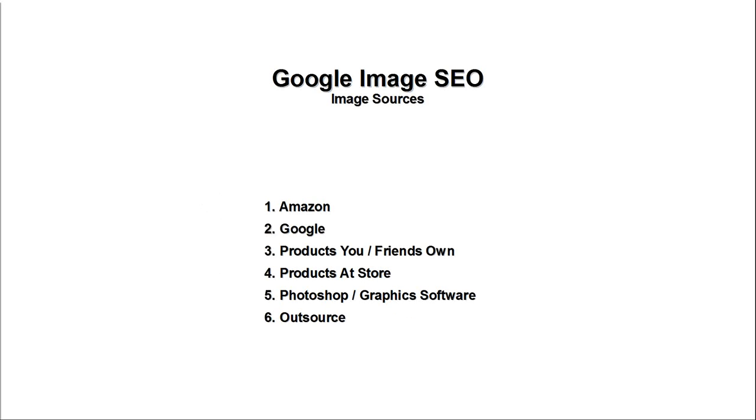Now, any of these pictures that you're getting, especially ones that might not be original, you can take a step further and load it up into some kind of software, such as Photoshop.